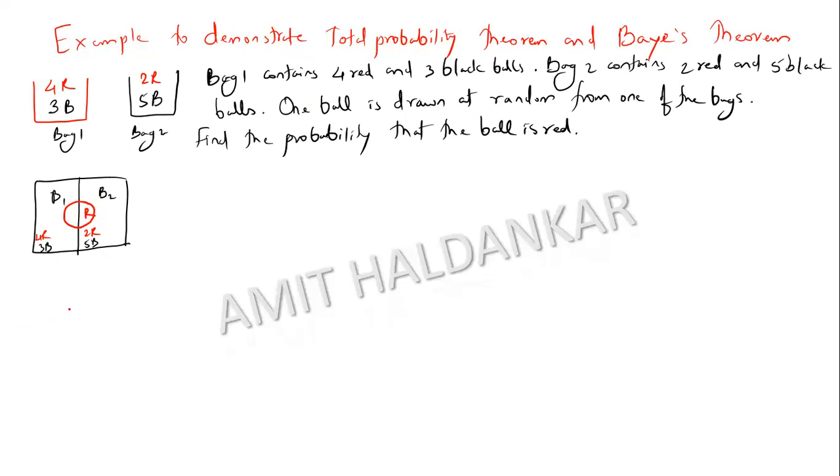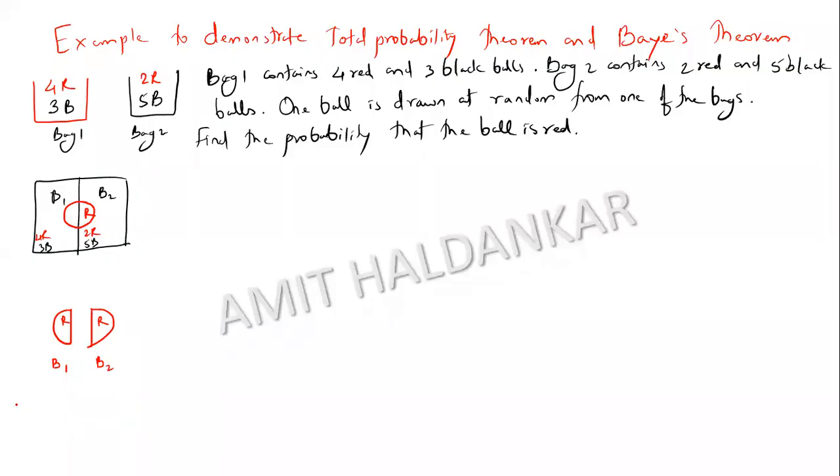Now this event R can be split into two parts. First, when bag B1 is selected and a red ball occurs; second, bag B2 is selected and a red ball occurs. So I have split this event, that the ball is red, into two parts. So there are two things over here.